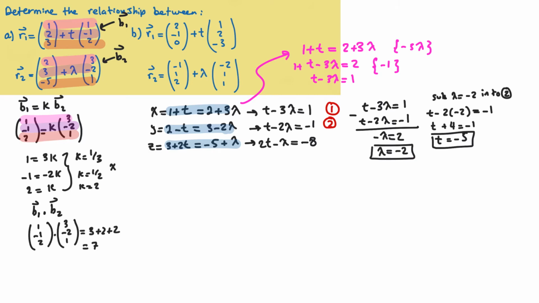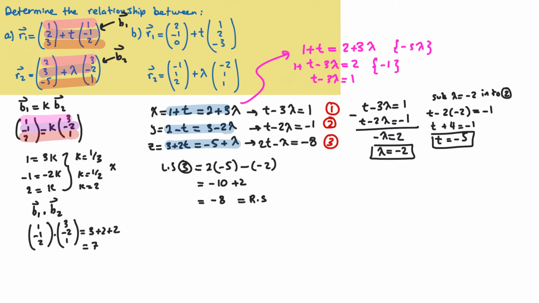Once we have these, then we need to make sure that the t and the lambda value is also consistent for the third equation. So I'm going to put 3 here, and the left-hand side of 3 is equal to 2 multiplied by our t value, which is negative 5, minus lambda, which is negative 2. So we get negative 10 plus 2, which is equal to negative 8, which is the same as the right-hand side.